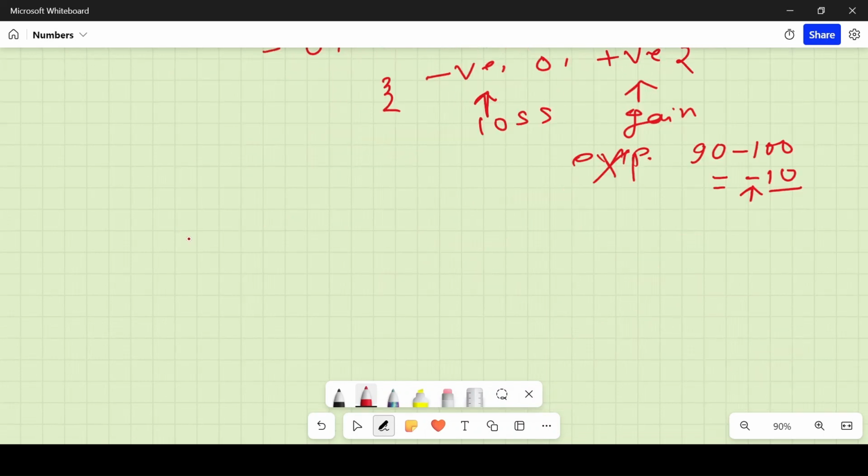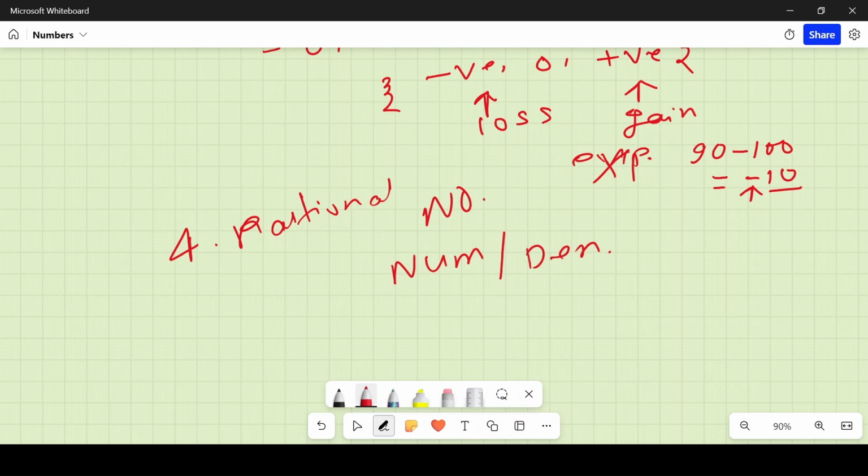Next in number systems we have the rational number. A rational number is represented as a fraction, with a numerator over a denominator.